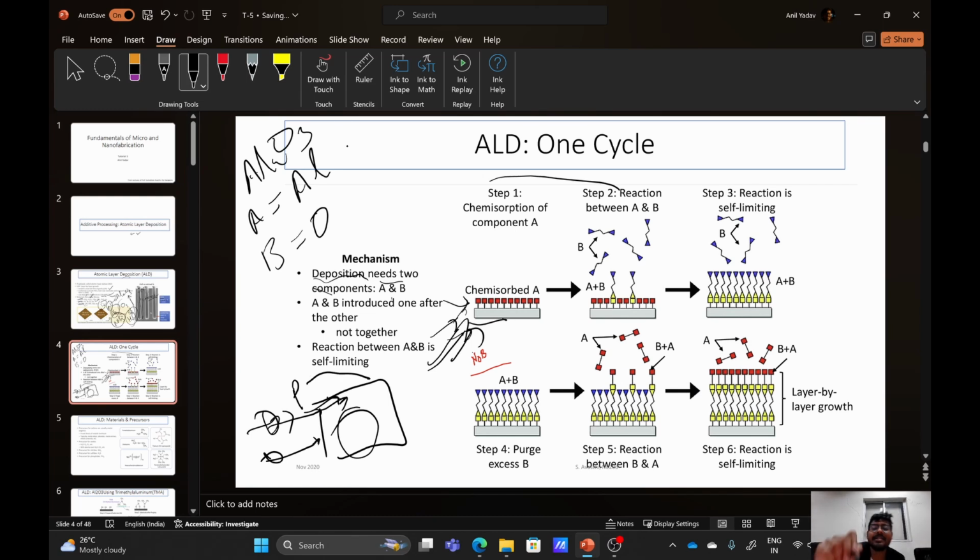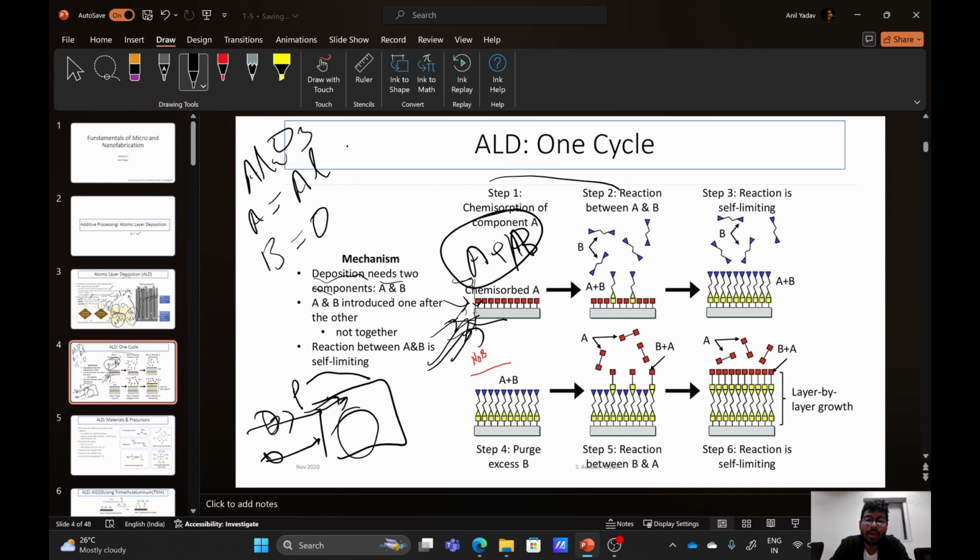Self-limiting means only a single layer of atoms is chemically adsorbed over the substrate, because the chemistry of the substrate is such that precursor A can form a bond there, but A plus A cannot form. Precursor A will not react with precursor A itself.